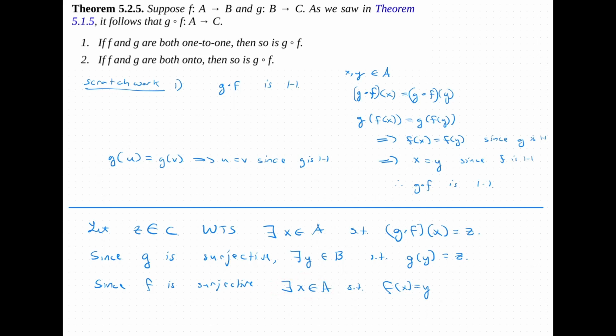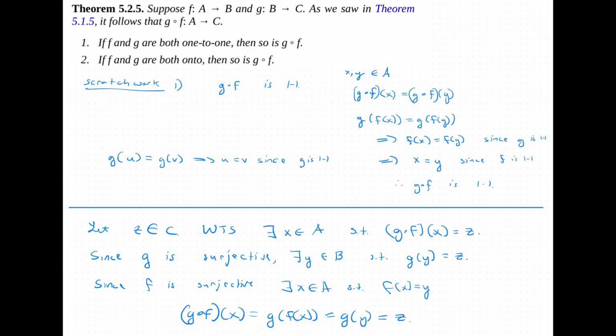So we have f of x equals y. But now we are done, because if we take g compose f of x, by theorem 515, this is the same as g of f of x. But f of x is equal to y, so we have g of y, which is equal to z. And now we have shown that this is onto.